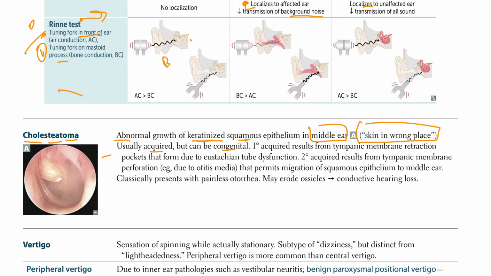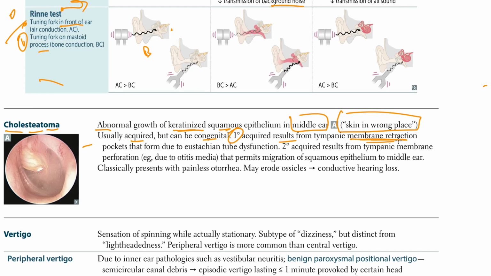Primary acquired results from tympanic membrane retraction. When the tympanic membrane retracts, it causes pocket formation due to eustachian tube dysfunction.